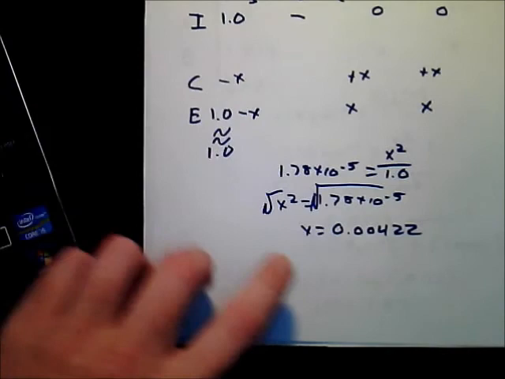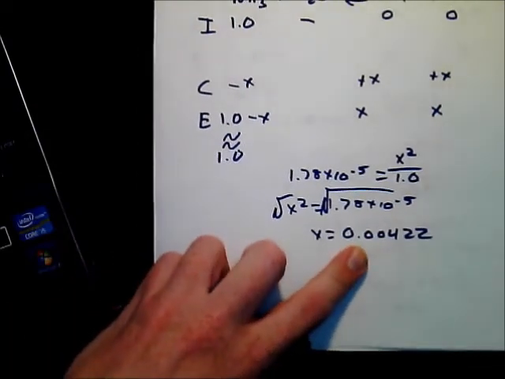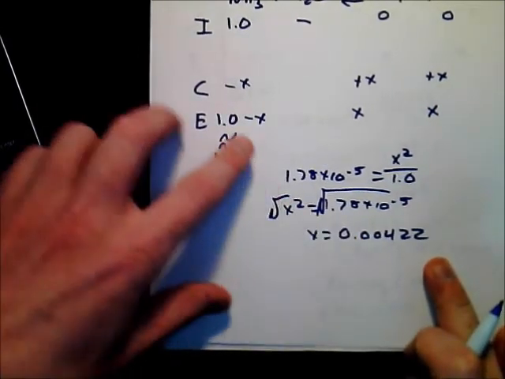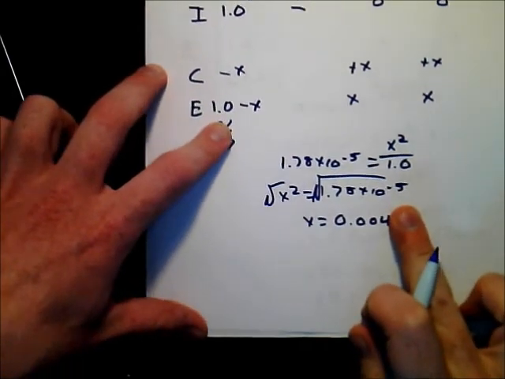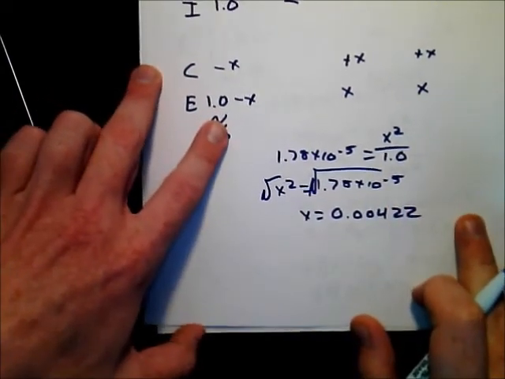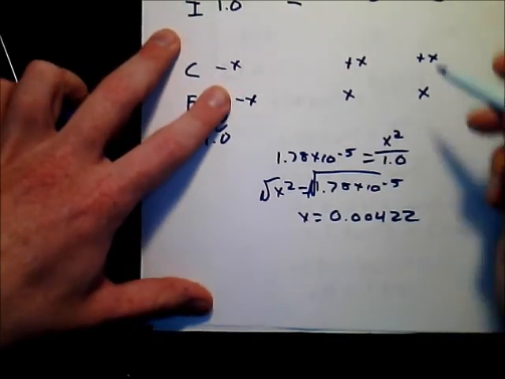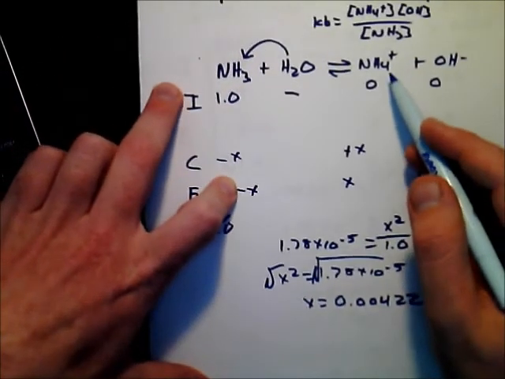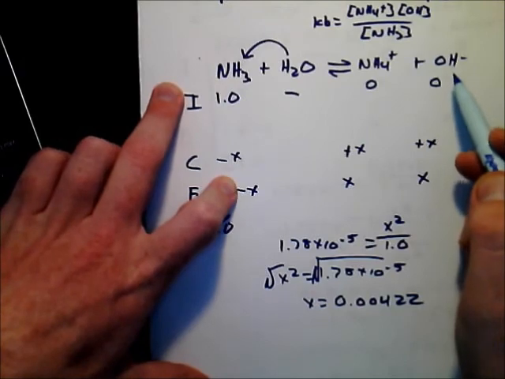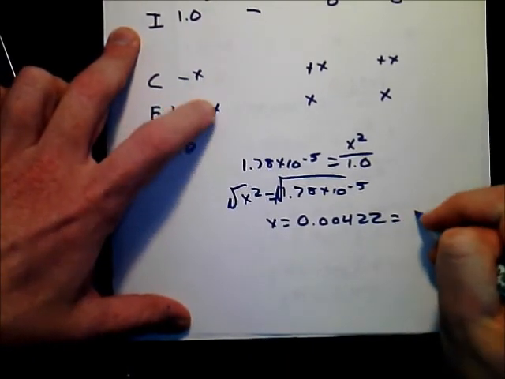And guys, don't forget your significant figures here. These zeros are not significant. The number, the way I wrote it here, has only 3 sig figs. So don't round this to 0.004, or you've rounded your number to 1 sig fig. Okay, so let's ask ourselves, what is that? Well, that's the concentration of NH4+, but more to the point, it's the concentration of hydroxide.